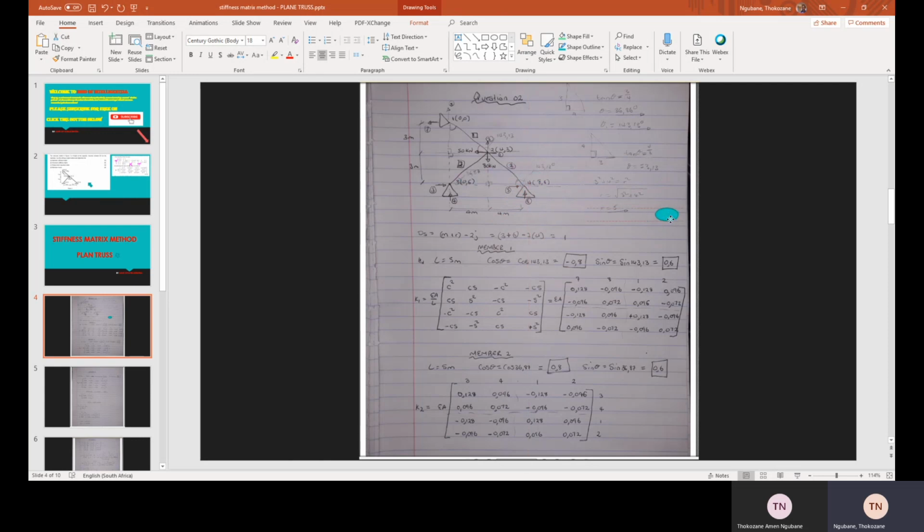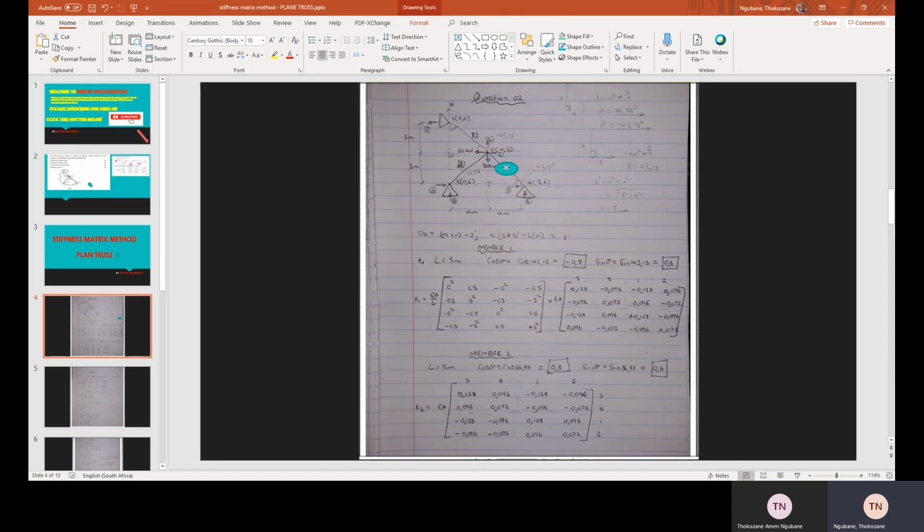I have named my members: this is member 1, member 2, member 3. This is node 1 and 2, node 3 and 4, node 5 and 6, and node 7 and 8. You need to name your nodes before you start your example. Okay, let's start with this.